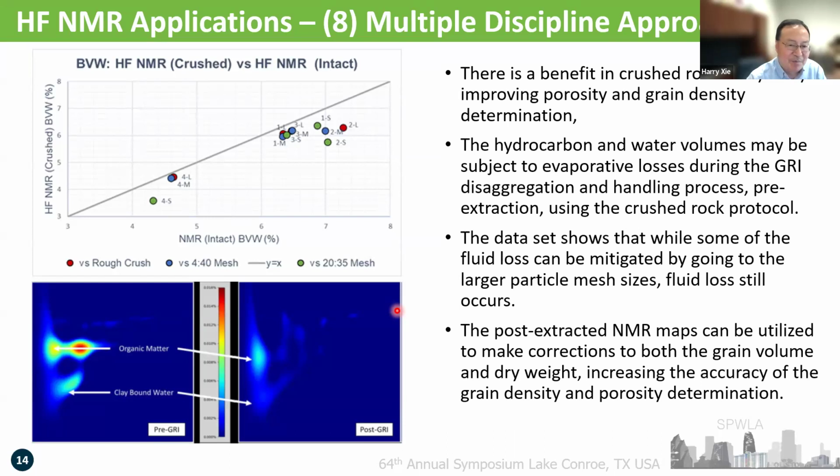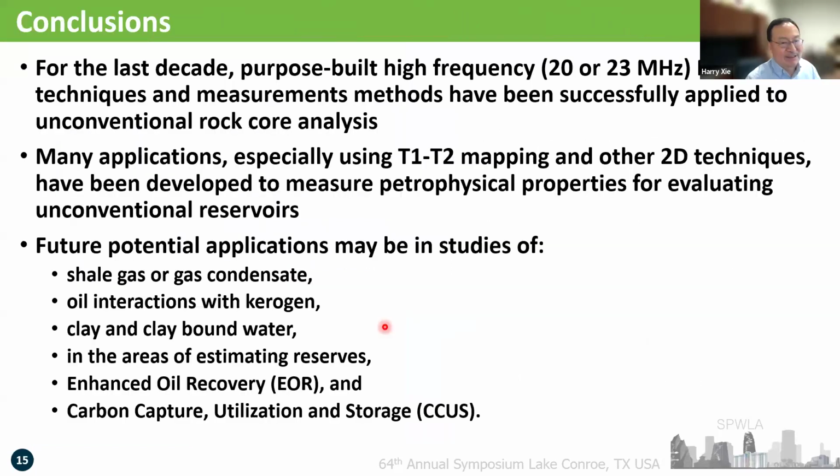So in the lab, we need to do that precisely and provide accurate data to them. So we combine NMR, Dean Stark, sometimes pyrolysis, sometimes XRD, to get all kinds of data, and then we combine them to produce the whole picture of the results, and give you some conclusion.